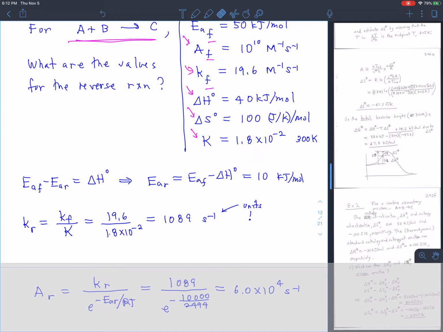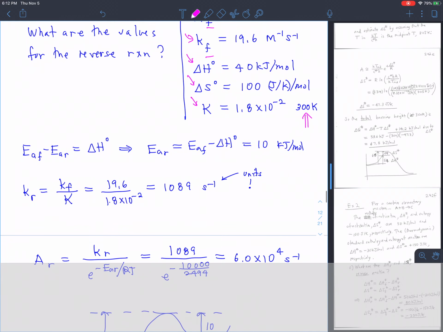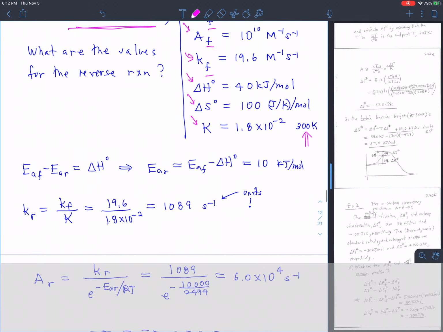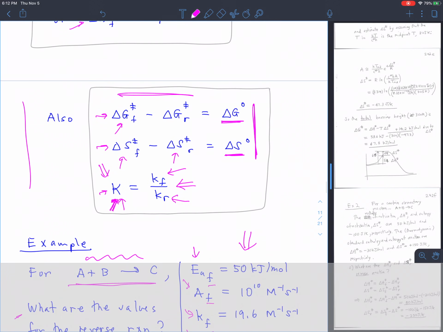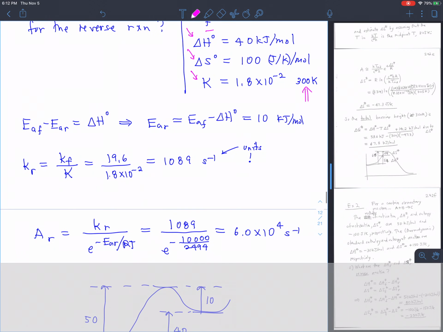And so I say, yes, this is the equilibrium constant, not in general, but at 300 K specifically. Then it wants to know what are the values for the reverse reaction, and we're just using this whole set of relationships up here, pretty straightforward.